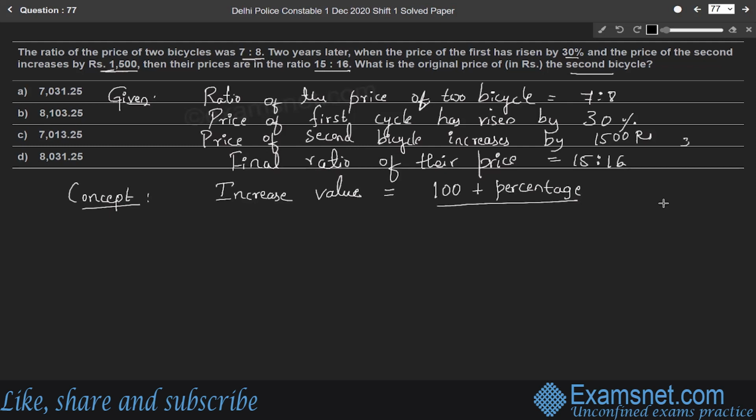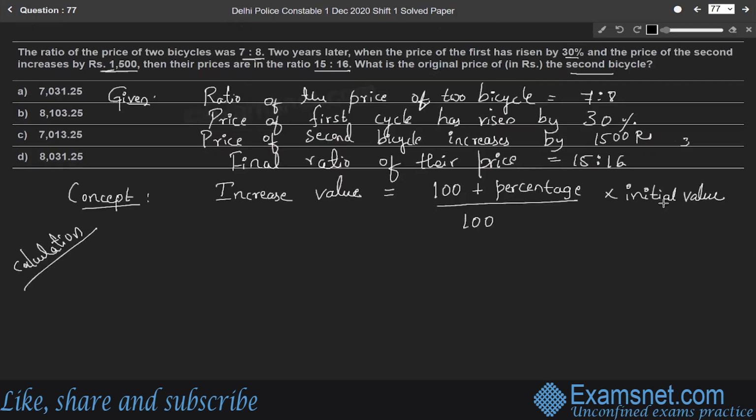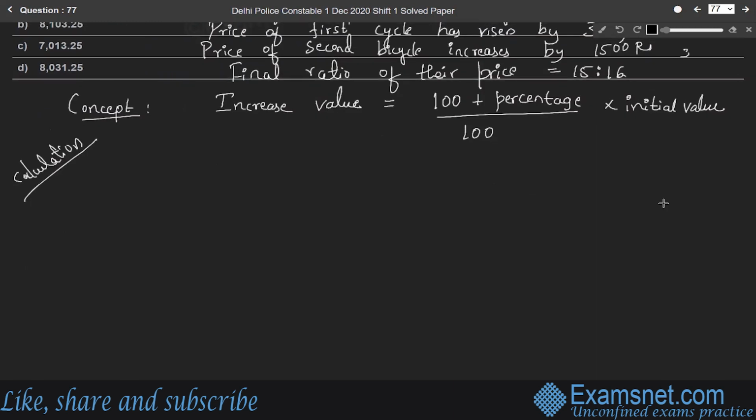Calculation: since they are in the ratio 7:8, let us assume the price of the first bicycle is 7x.